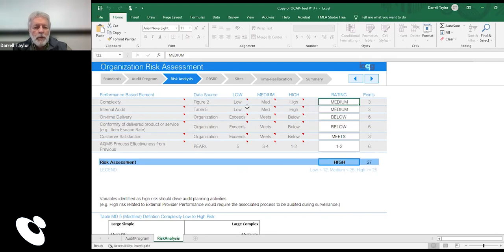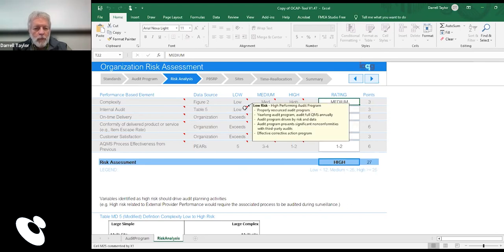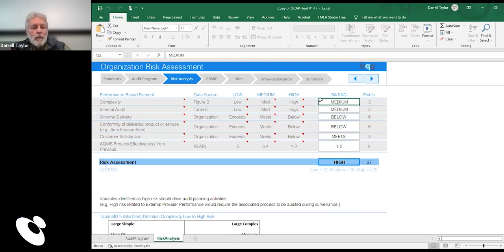I do think, when you're talking low risk, you're talking about a properly resourced audit program, a year-long audit program, meaning you audit the full QMS annually, an audit program driven by risks and data. So what this means is I can be over here and go, yep, we have an internal audit program, we have an annual event.